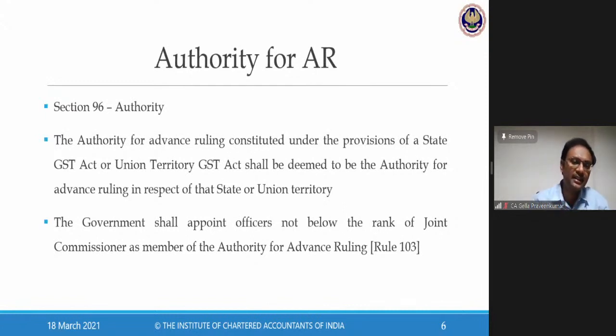Generally, the appointment of an authority under this section doesn't happen below the rank of a joint commissioner or additional commissioner. Joint commissioner under central GST, additional commissioner under state GST. Generally, these are the two offices who sit together in this particular office. So whenever we talk about authority, the office is occupied by these two people.